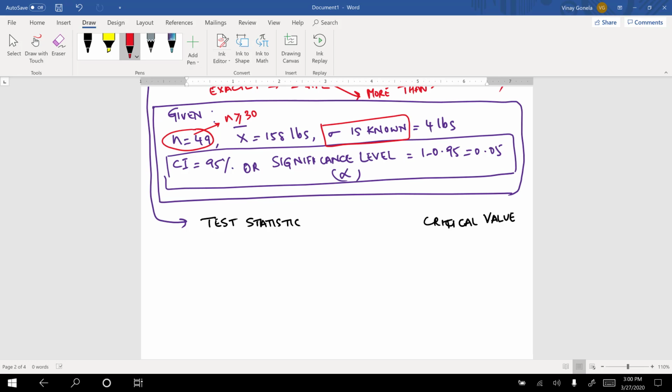That means these two together are suggesting us to use Z-stat. So I will use Z-stat. The formula for Z-stat or Z-score in test statistic is x bar minus mu over sigma over root n.